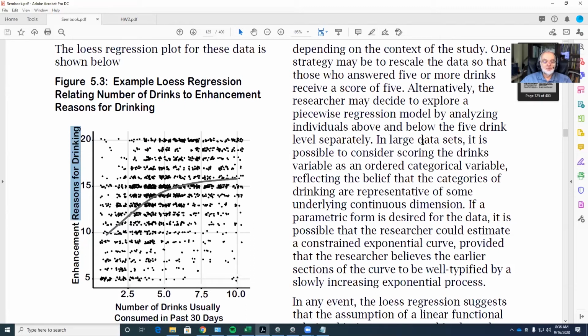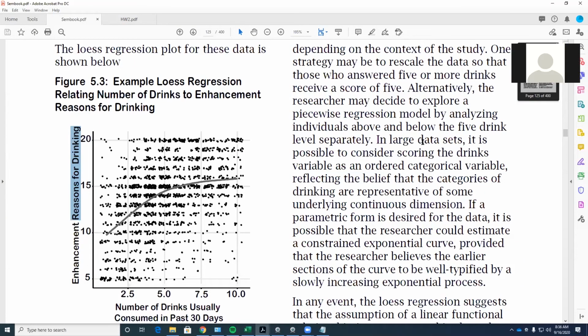Comments, questions, or reinterpretations about that? I have a question. Yeah. So for example, here on the y-axis, we have enhancement reasons for the ranking.